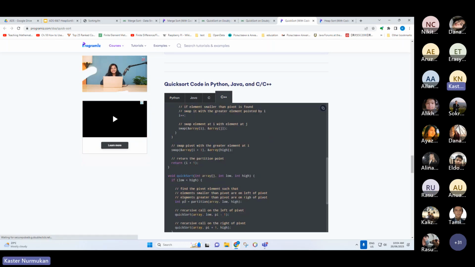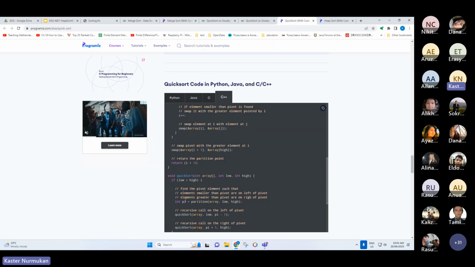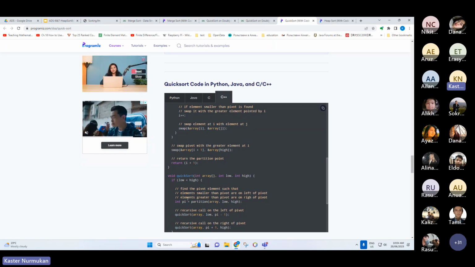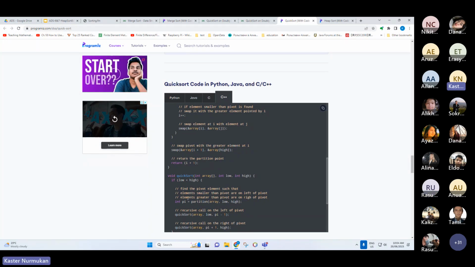Then the second time, they change the pivot position based on the unsorted part you found. They try to find the highest element as well.